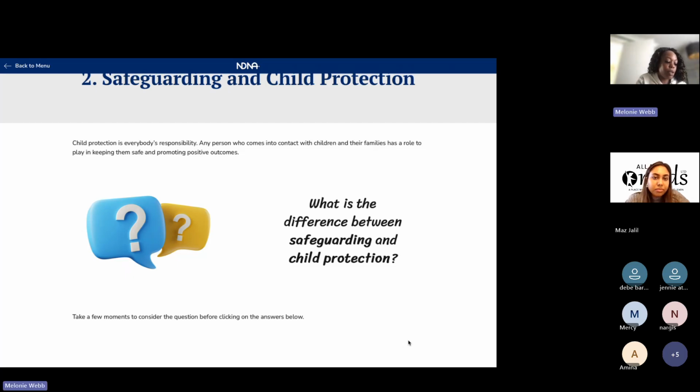So you can just take your mic off if you have an answer. The difference between safeguarding and child protection?